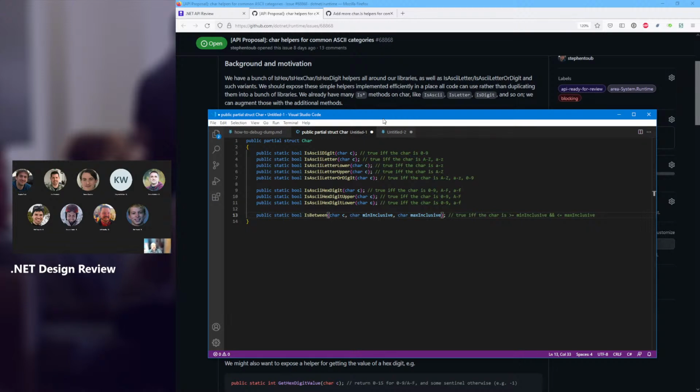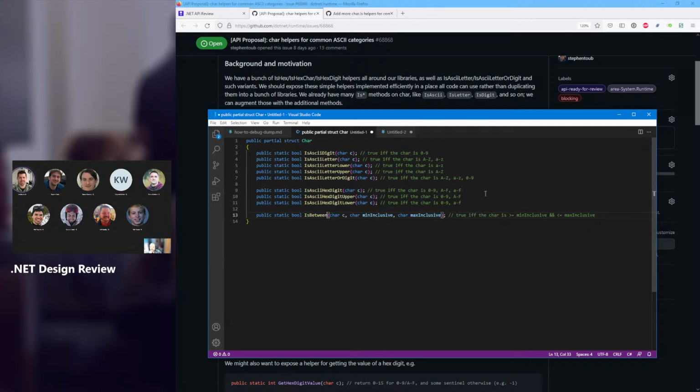Well, assuming the implementation looks like your comment here, it seems like if max is less than min, it would just always be false. The implementation right now looks like I minus min inclusive cast to uint less than or equal to max inclusive minus min inclusive cast to uint. Yeah, this API really, really wants you to pass in constants for those last two parameters.